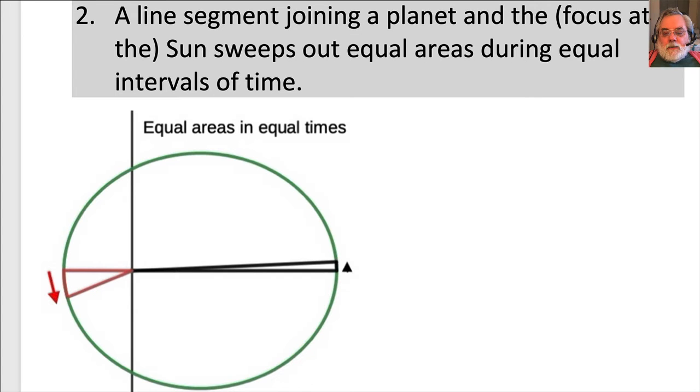A line segment joining a planet and the focus at the Sun sweeps out equal areas during equal intervals of time. So the time it takes to go from here to here is the same time it takes to go from here to here.